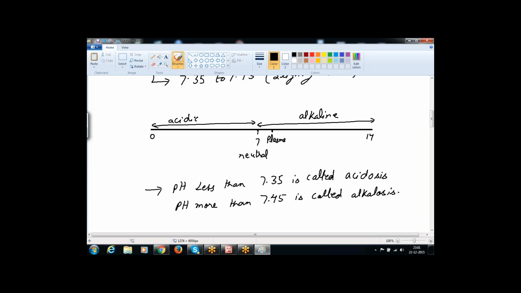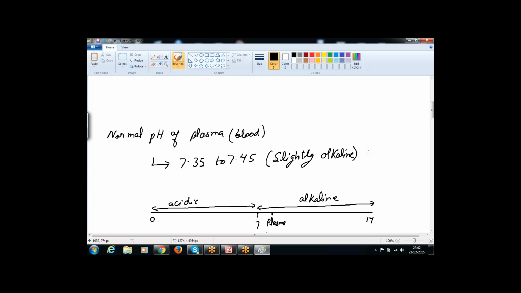So if due to some disease, some abnormality, or some condition, pH falls below 7.35, we will say acidosis has happened. If it goes more than 7.45, alkalosis, and the range 7.35 to 7.45 is the normal pH for our body. This is normal pH.